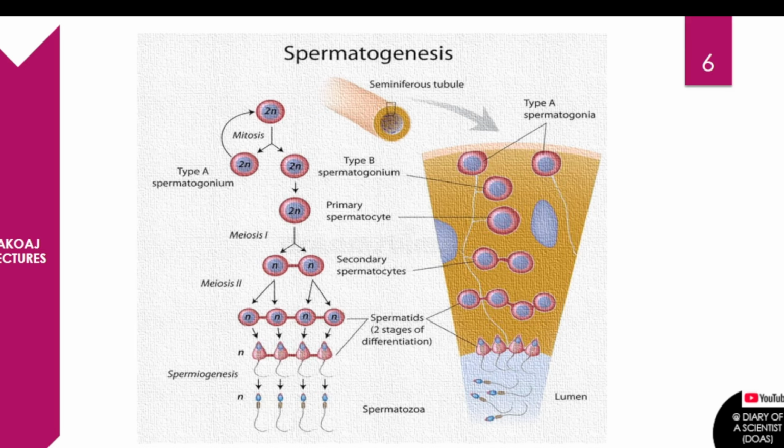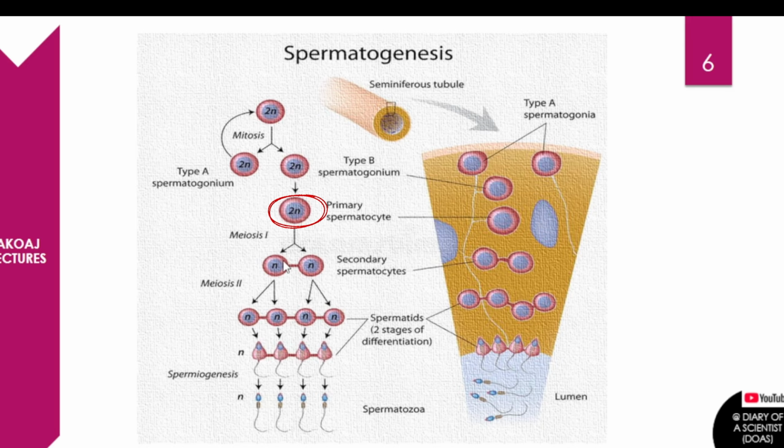What happens next is the maturation of the primary spermatocytes, where they mature, become well developed, and undergo meiotic division. The first meiotic division produces secondary spermatocytes. They differ from the primary spermatocytes in that the chromosomes contained in them are a haploid set, whereas those contained in the primary spermatocyte are a diploid set.